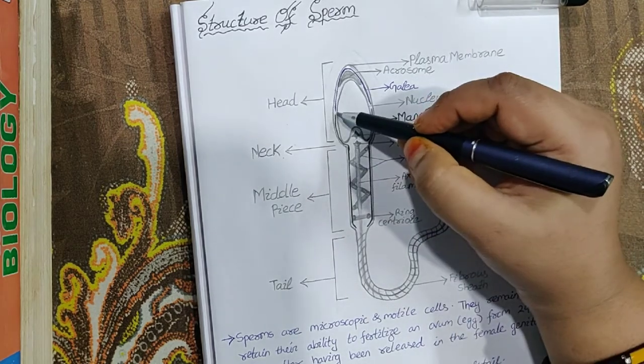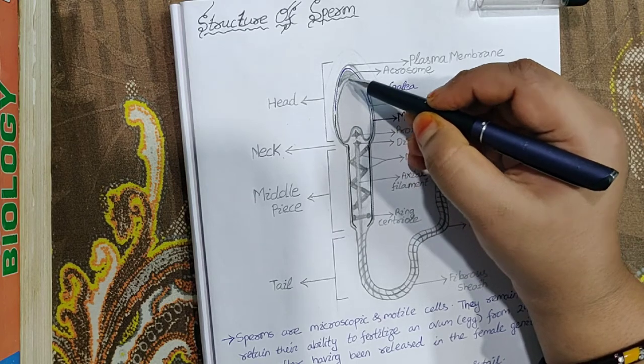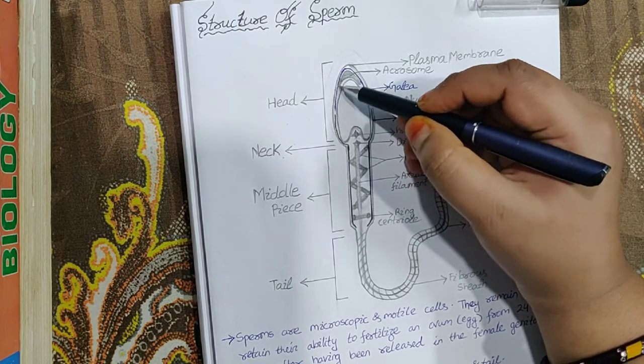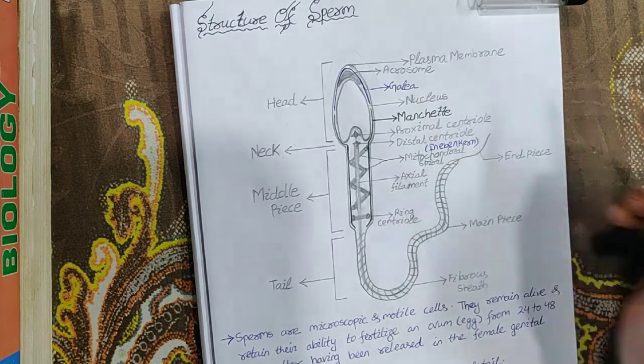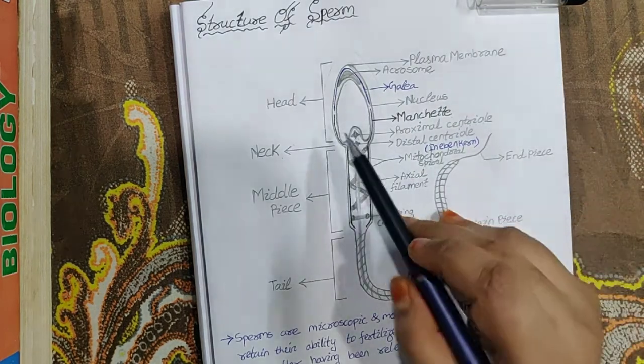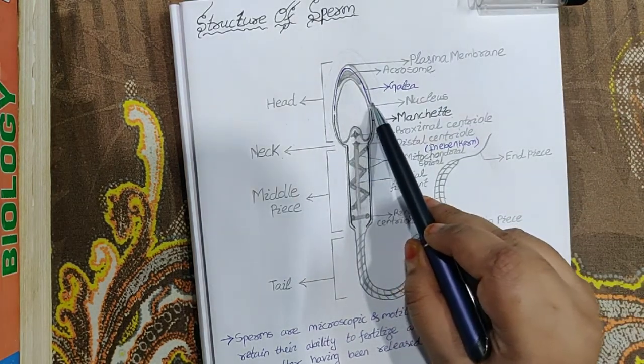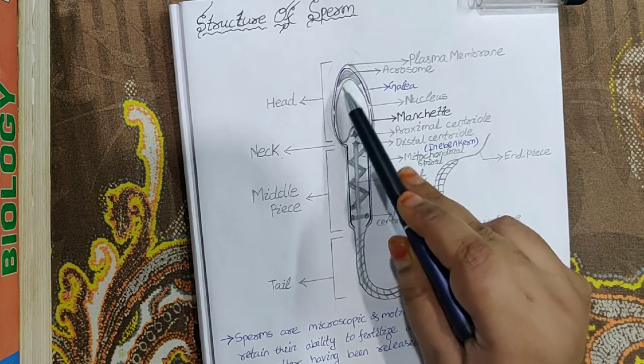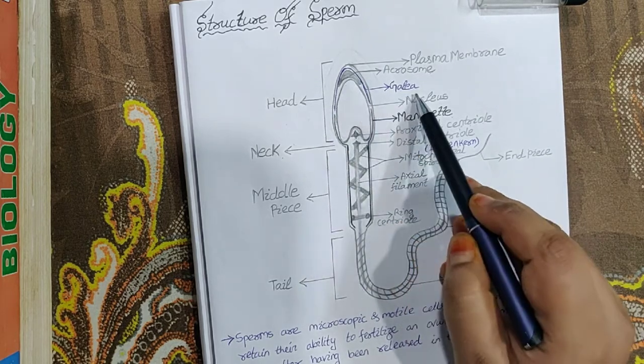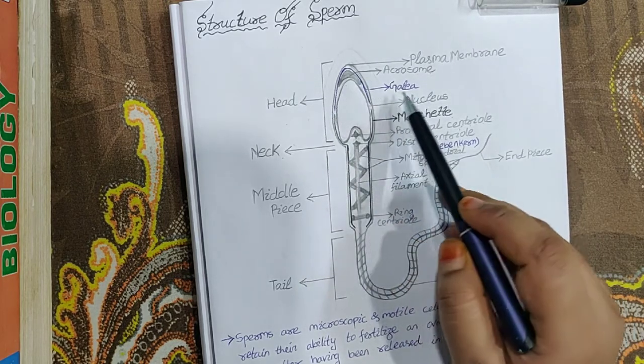And the anterior portion of the nucleus and the acrosome is covered by another sheath called the galea, shown in blue pen.